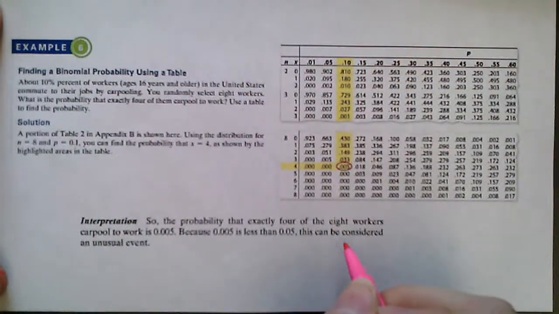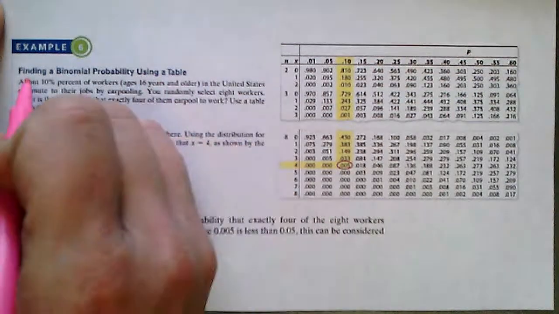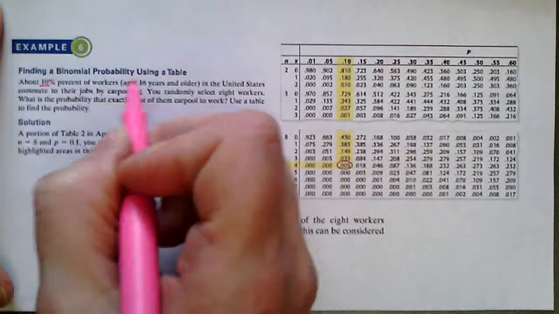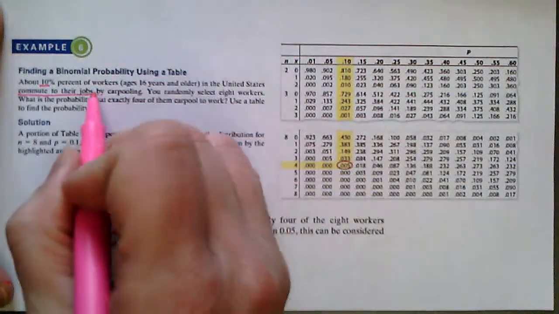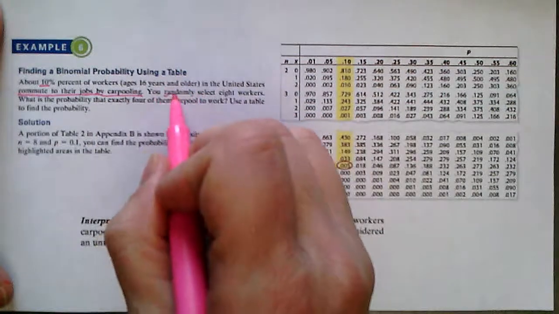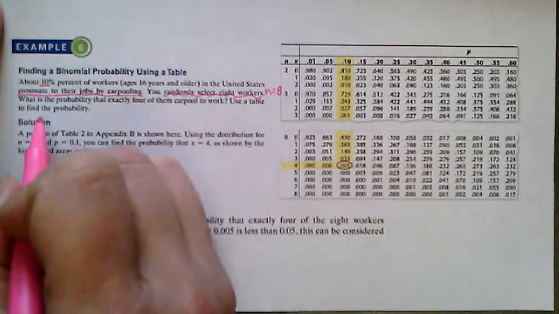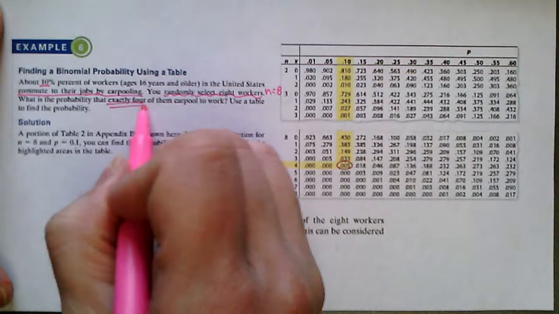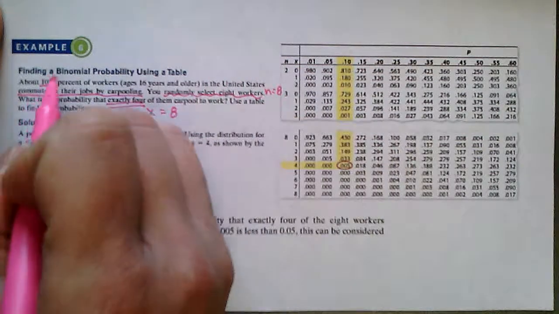So here, they want you to look up, it says 10% of workers commute to their jobs by carpooling. You randomly select 8 workers, so that's your n is 8. What is the probability that exactly 4 of them carpool to work? So that's your x. X is 4.